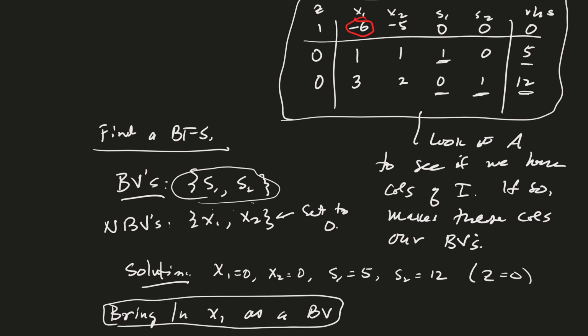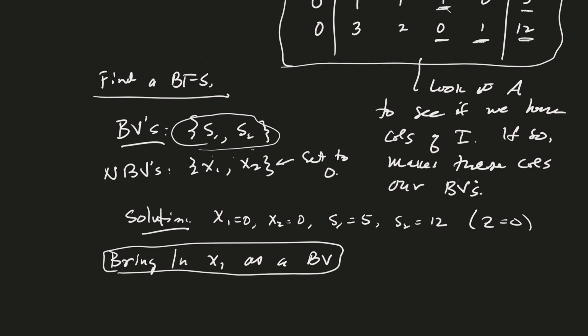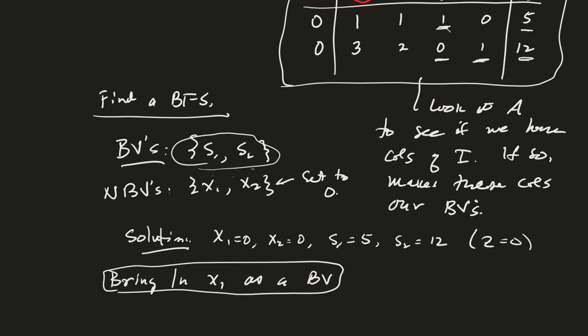Good. All right, so now the question is how big can X1 be? Or another way to think about it is, if I bring in X1, should I get rid of S1 or S2? Well, let's see. From this table up here, I see that S1 is equal to 5 minus X1.